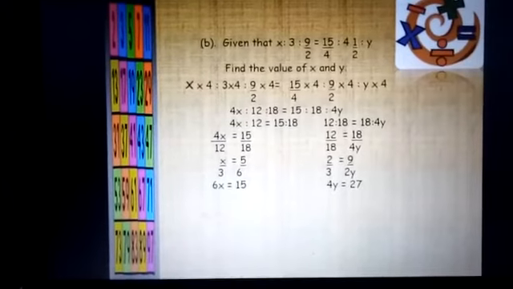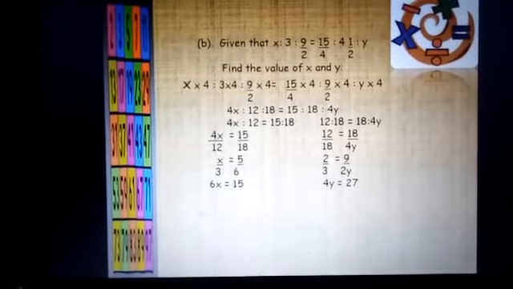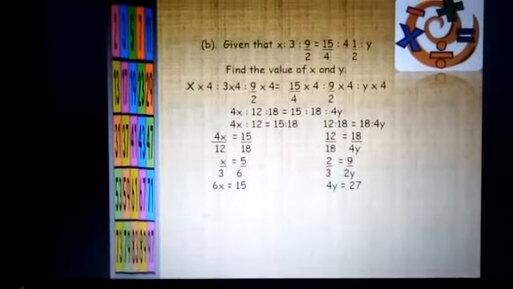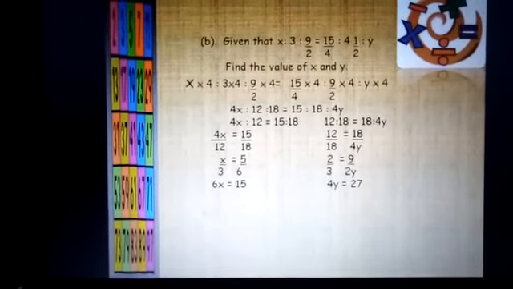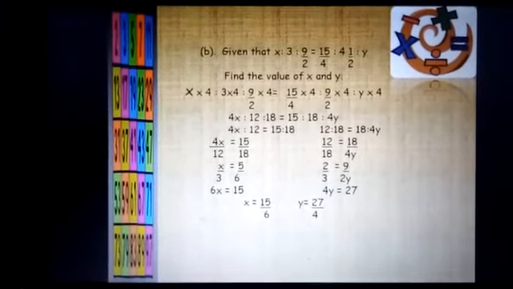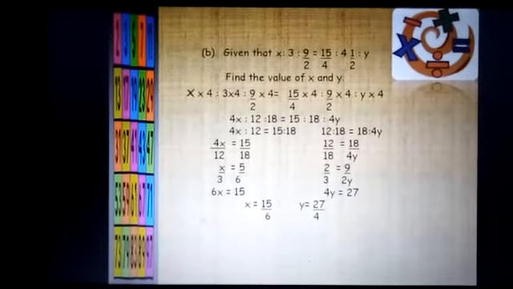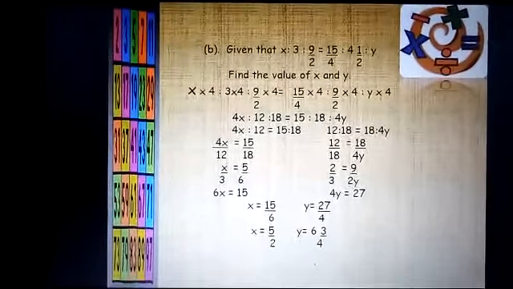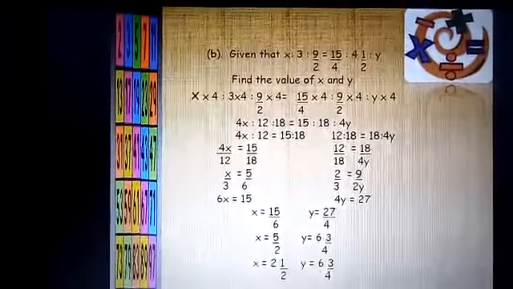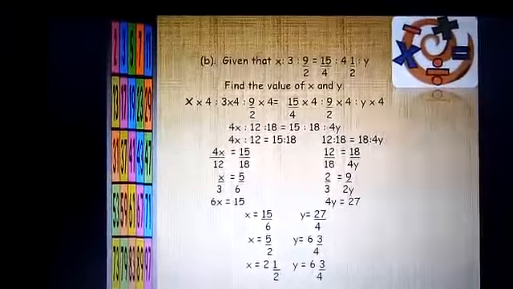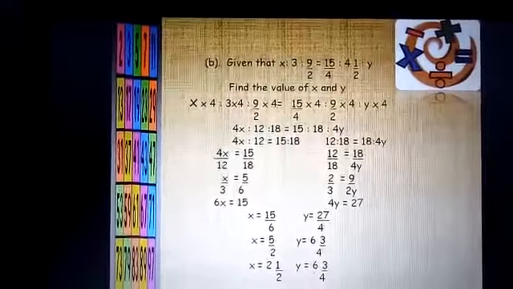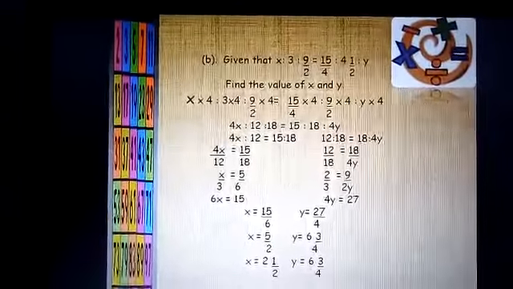Now cross multiplication, 6x is equal to 5 multiplied by 3 is equal to 15. 2 2s are 4, y is equal to 9 3s are 27. Now x is equal to 15 by 6, y is equal to 27 by 4. Simplifying them, we get 5 by 2, and y is equal to 6 3/4. Dividing 5 by 2, you will get 2 1/2, and y is equal to 6 3/4.